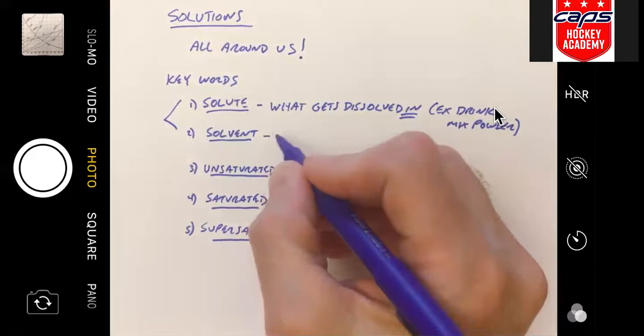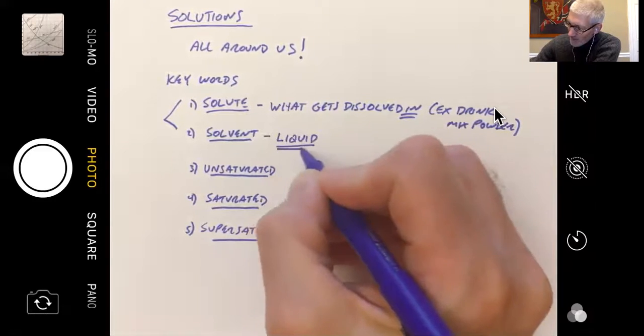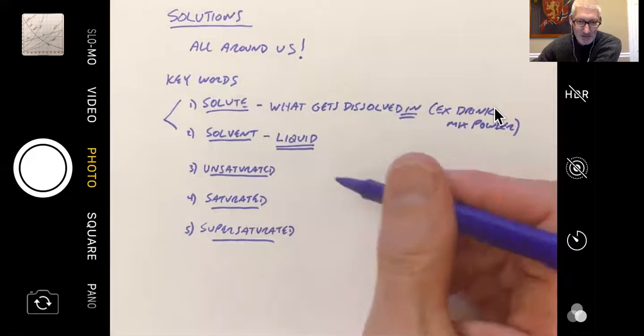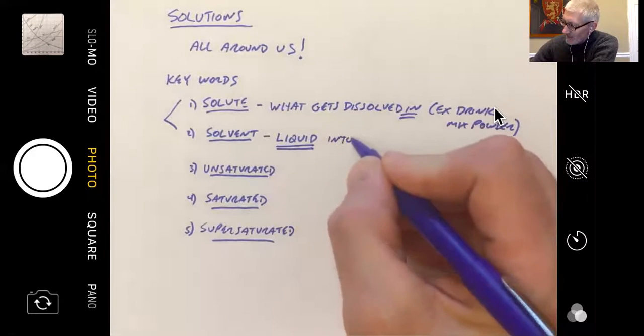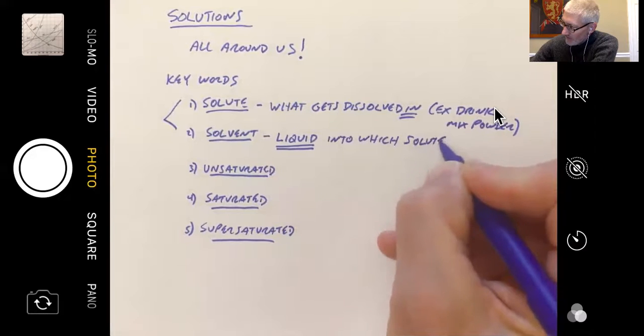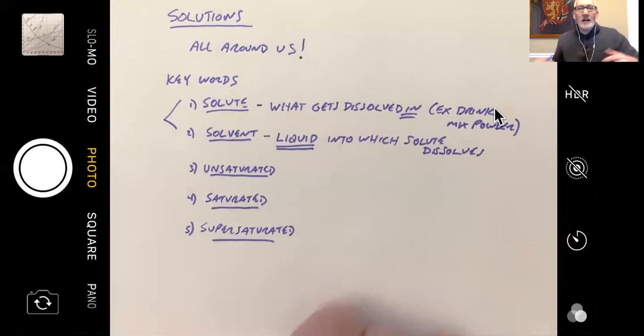The solvent doesn't have to always be a liquid, but most of the solutions that we deal with in a normal first year chemistry class are liquids. So the solvent is the liquid into which the solute dissolves. In the example, the Gatorade mix is the solute, and the water that you're dissolving into is the solvent.